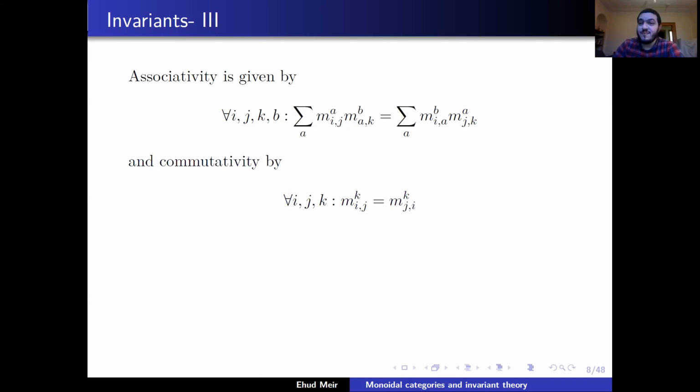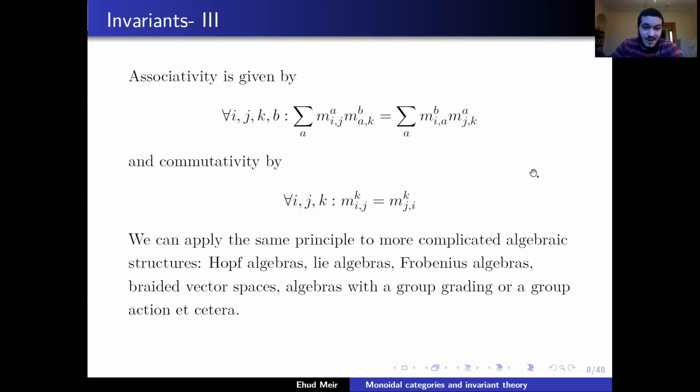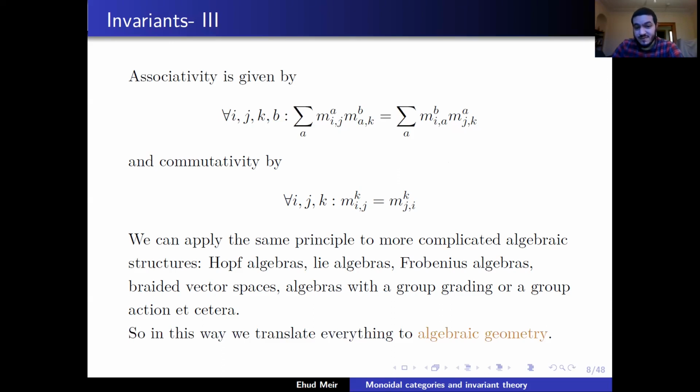It is just a bunch of linear equations saying that M_ij^k is equal to M_ji^k. And we can apply the same principle to more complicated things like Hopf algebras, Lie algebras, Frobenius algebras, and so on. Okay, so in this way, we basically translated everything to algebraic geometry, right? Because we now think of this as points in some affine variety.